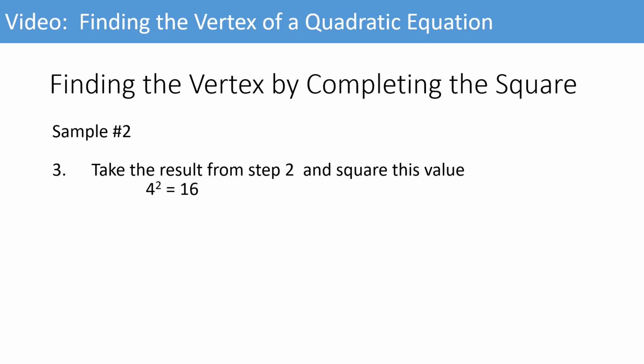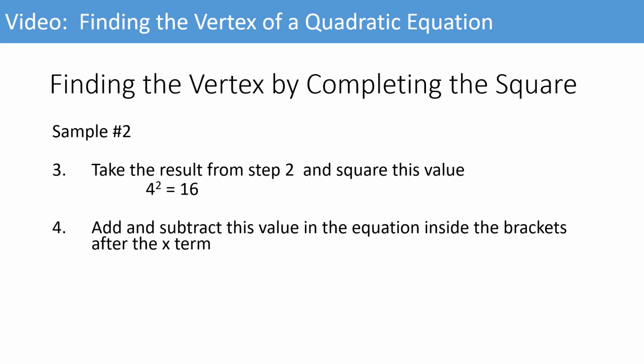Take the result from step 2 and square this value. 4 squared is equal to 16. Add and subtract this value inside the brackets after the x term. We will get 1/2 times (x squared plus 8x plus 16 minus 16).